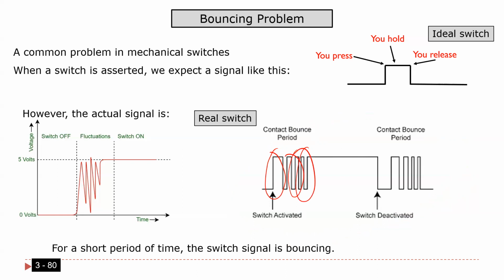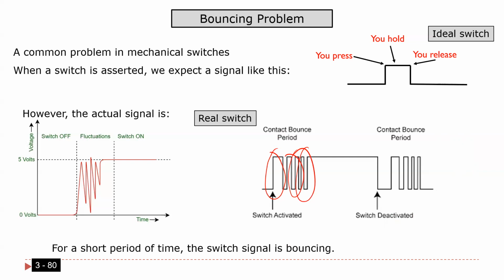So for example, if I press one time, the processor has to take one action, right? However, if the signal is this way, the processor is fast, so it will think this is one press, one press, one press, one press. So maybe when you press one time, the processor is going to take it like you pressed 3, 4 times. For sure, there is no human being who can press 3, 4 times in 10 milliseconds. You get what I'm saying?